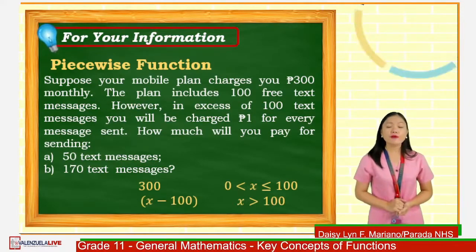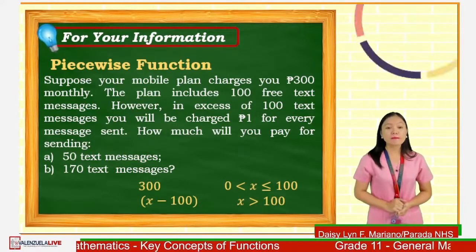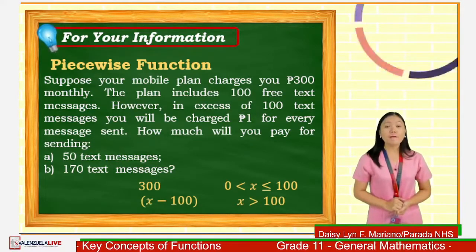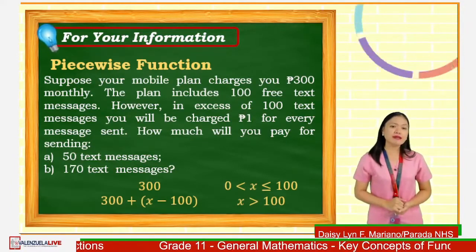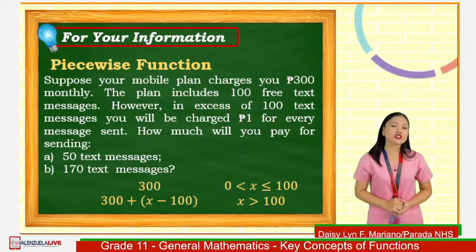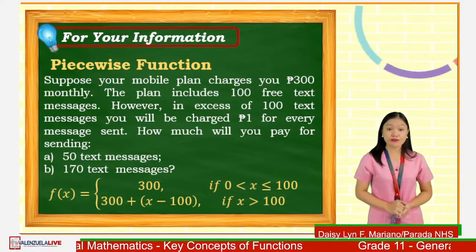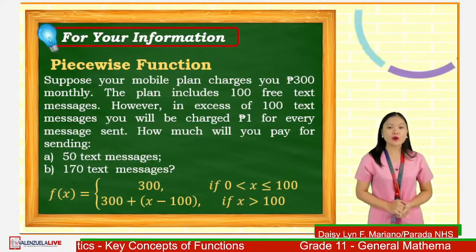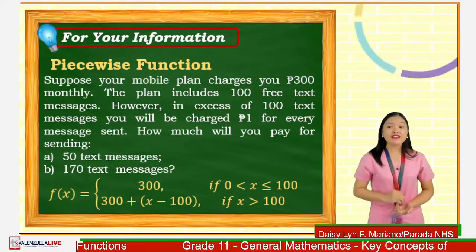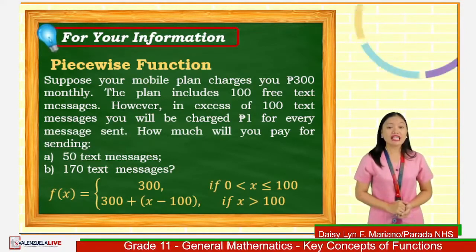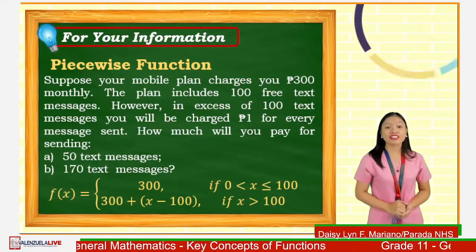Therefore, if there are more than 100 text messages sent, the cost to be paid is 300 plus x minus 100. These situations can be modeled by a single piecewise function, which is f of x is equal to 300 if x is greater than 0 but less than or equal to 100, and 300 plus the quantity x minus 100 if x is greater than 100.